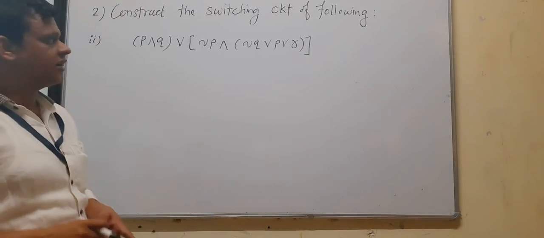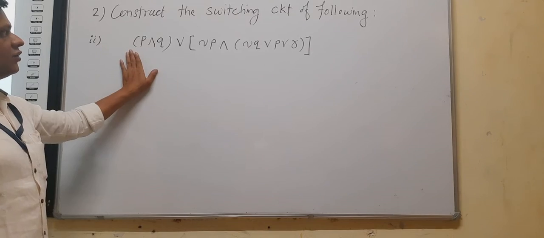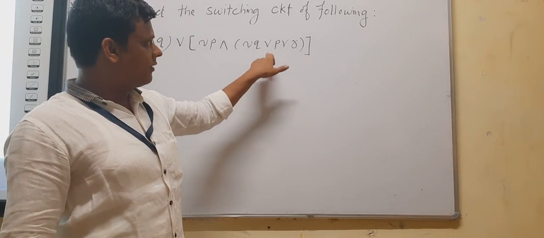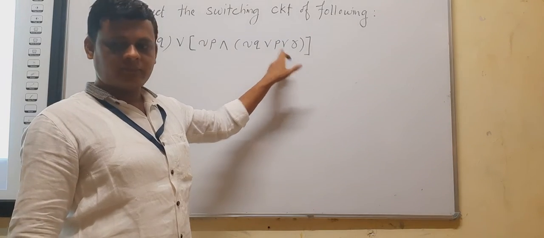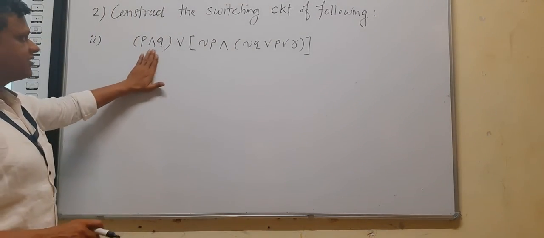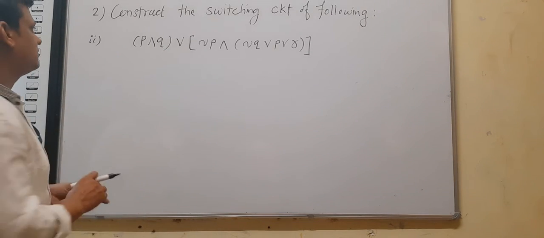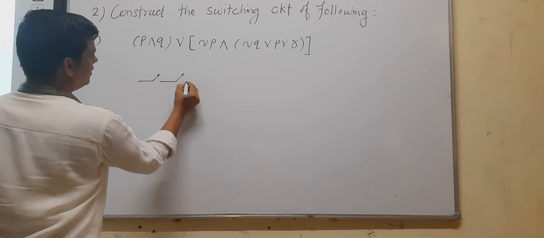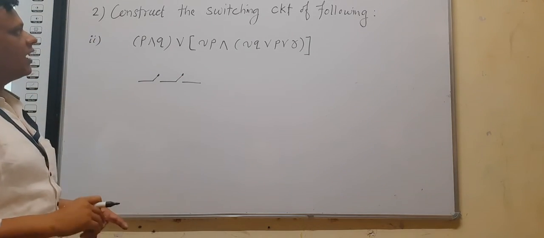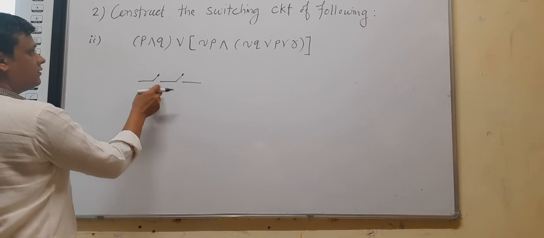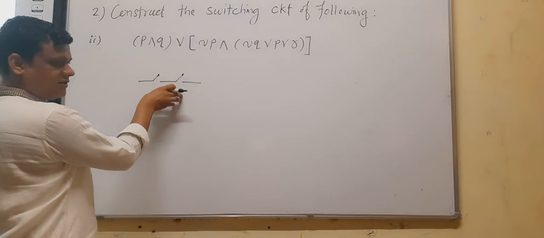Now see the second example. P and Q or negation P and negation Q or P or R. Here we construct the first bracket circuit. So simply write the symbolic form only. Then we denote after completing the circuits. Now this is the first circuit.